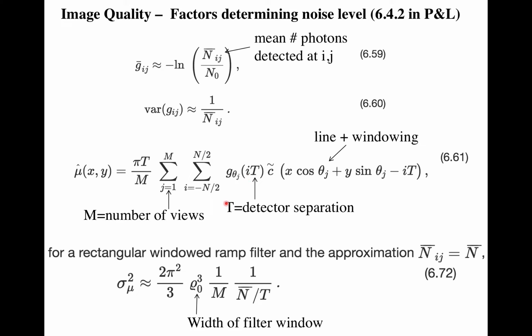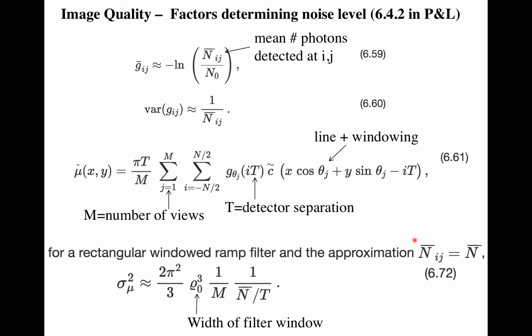And when we get to the bottom of this derivation, this is the equation, and it comes in a number of different forms depending on different assumptions. But let's just look at this one where we'll make the assumption that the number of photons we detect over all of the views is roughly the same.